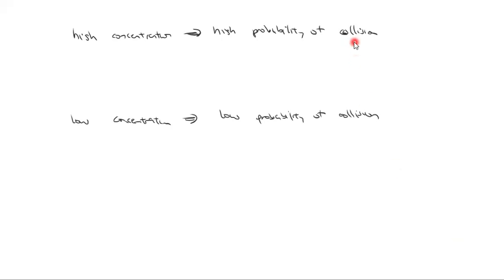So if you're likely to collide, then you'll get more successful collisions because you just got more collisions in the first place. And if you've got a low probability of collision, then you'll have fewer successful collisions. Does that make sense? Yeah. Good.